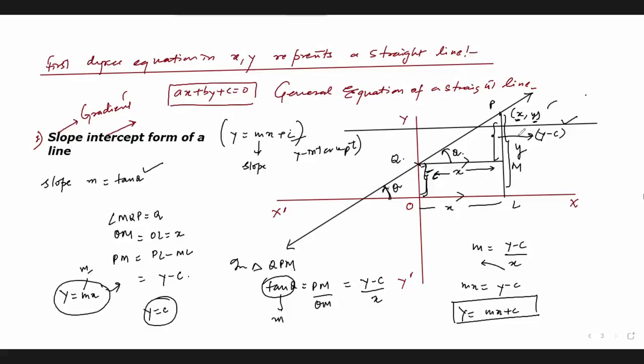So the slope of a line parallel to the x-axis is 0. I can put m equals 0 in y equals mx plus c. So y equals 0 into x plus c gives me y equals c. So this was basically a form of slope-intercept form.